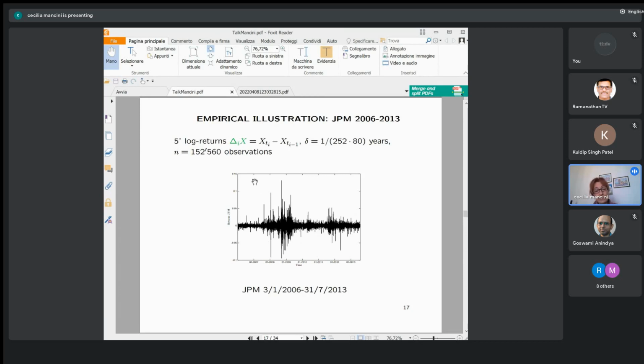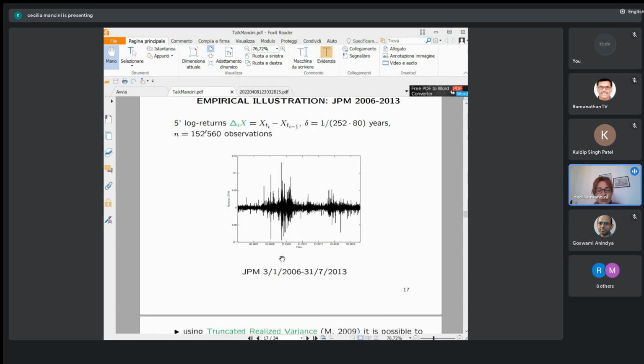These are the returns of JP Morgan. Note that September 2008 is just when Lehman Brothers defaulted. So here you see that there was some turbulence before the main event.